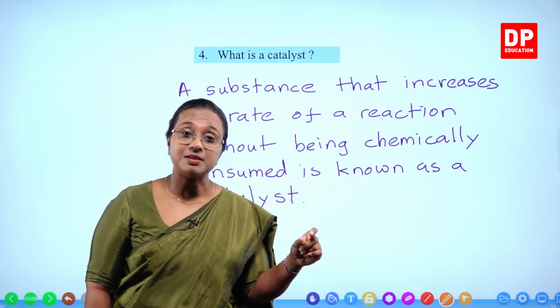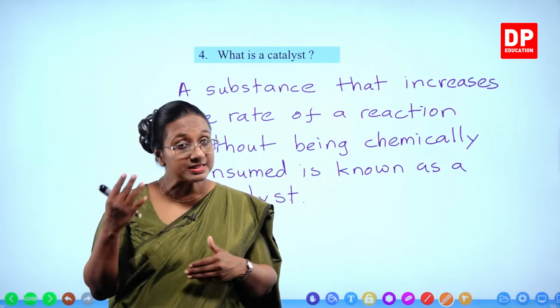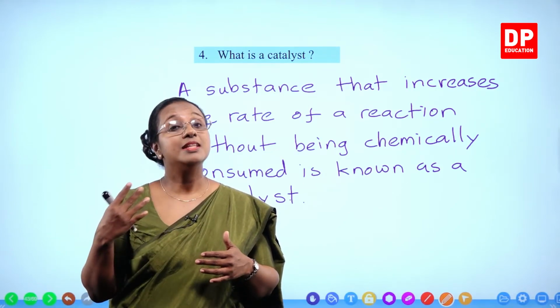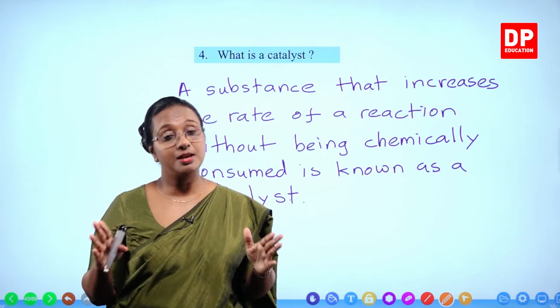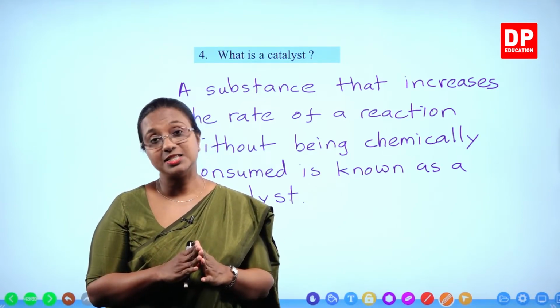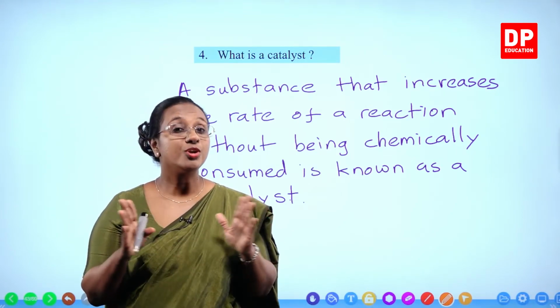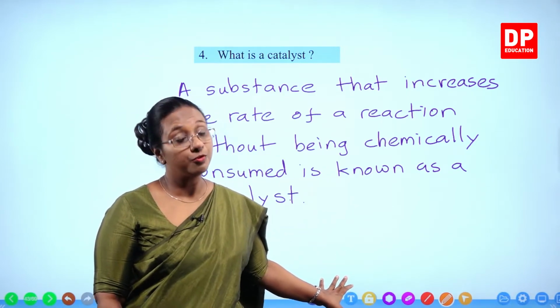Say if you take it as a piece of catalyst, it can become powder because of the reaction taking place. There can be physical changes, but they cannot change chemically. They are not chemically consumed. There are no chemical changes taking place. So you are all familiar with catalysts. That is the answer for the fourth question.